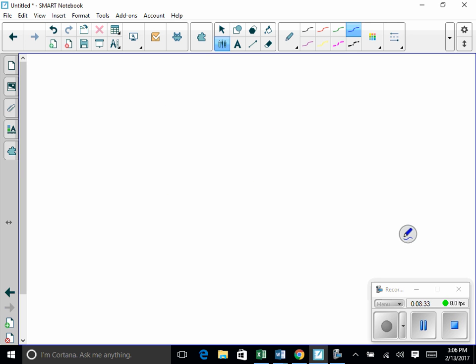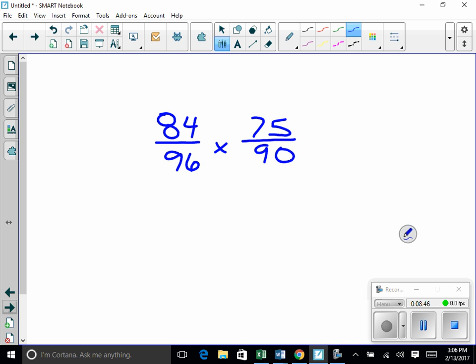Next, this one is a totally different problem altogether. It's multiplying fractions, but it has a different technique that you can use. When you look side to side, diagonal, you might be able to get 2 into 90 and 84, but I don't want to look at it that way.